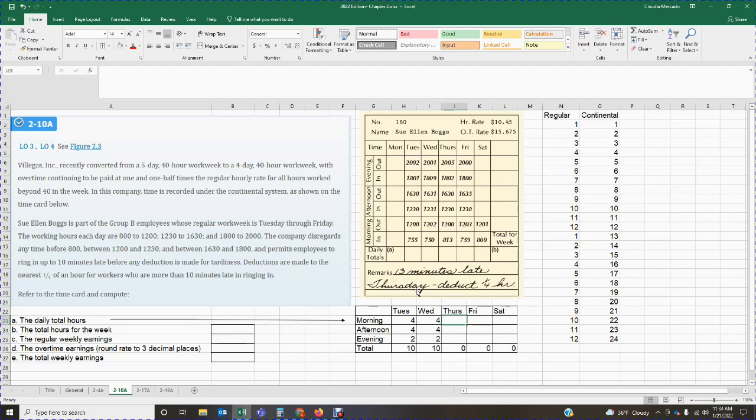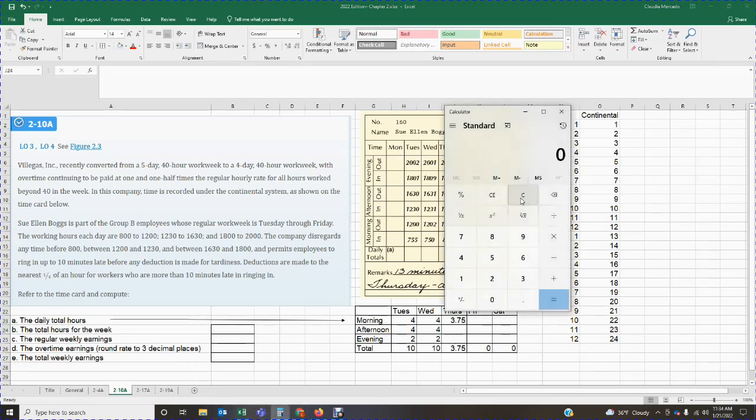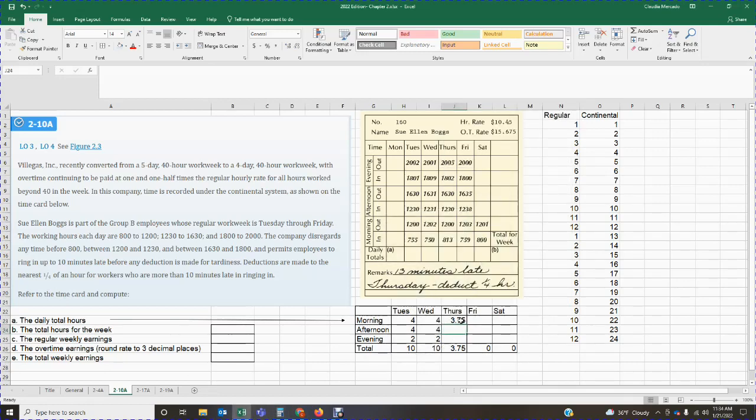In this case, we're going to deduct 0.25. So that means that the employee is only going to earn 3.75 hours. Why? Because they were deducted 0.25, 1/4, if you get the calculator, 1/4 is 0.25. So I'm going to deduct 0.25 from Thursday morning because the employee was 13 minutes late, okay?